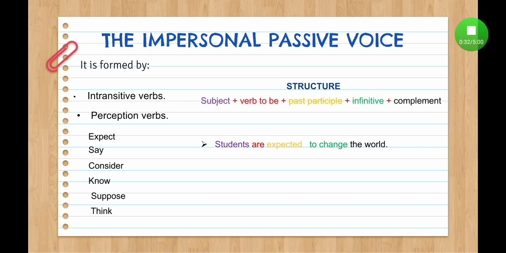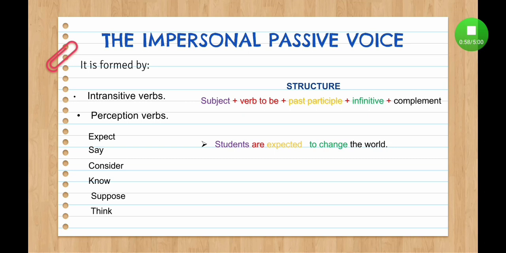First, we have a subject. In the example I gave is students. Then we have the verb to be, as I told before. It can be conjugated in any verbal tense. In this case, is in the present simple tense. And then we have the past participle of the perception verb. In this case, the perception verb is expect.